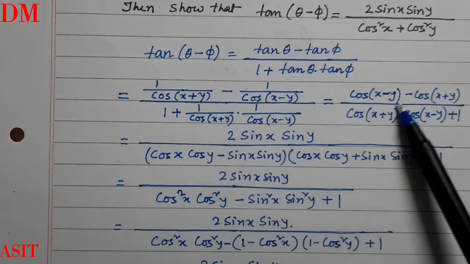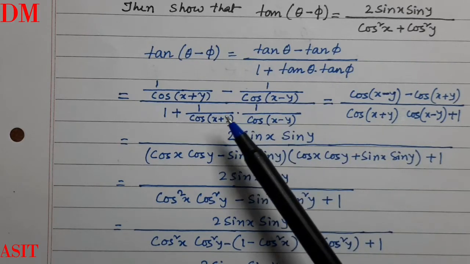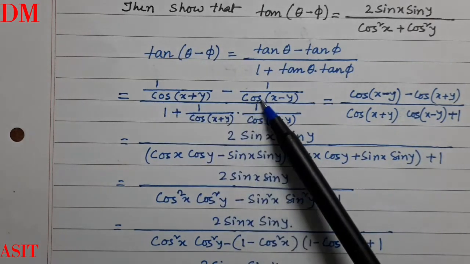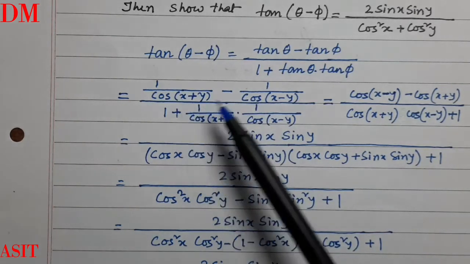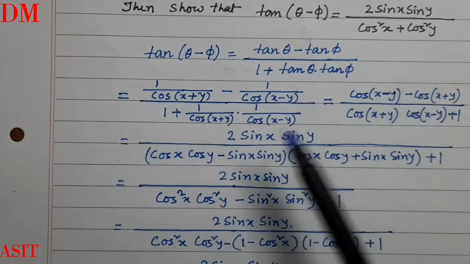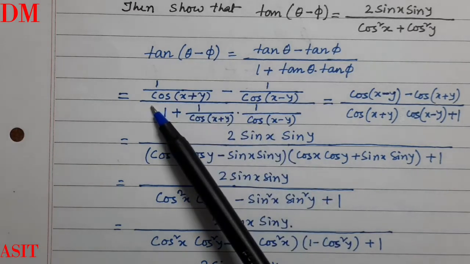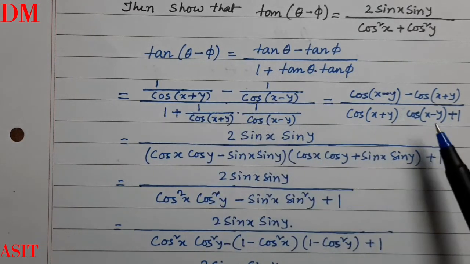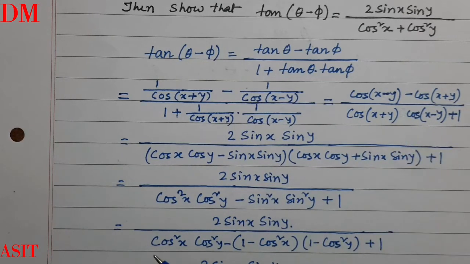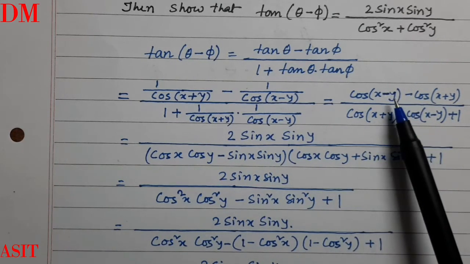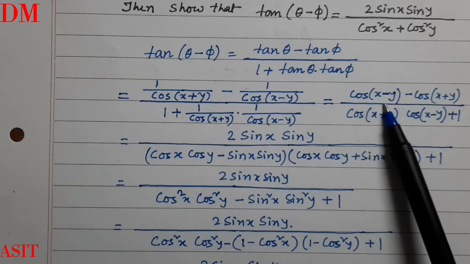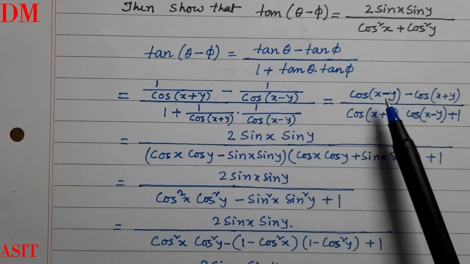So I have not written the denominators here. I have just written the numerators. So it will be cos of x minus y minus cos of x plus y. So now next this will be cos x plus y into cos x minus y plus 1. We can see here. So now if we apply the formula here, cos of x minus y minus cos of x plus y. Let's see the formula.